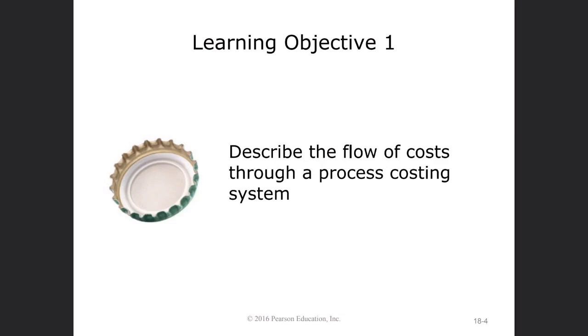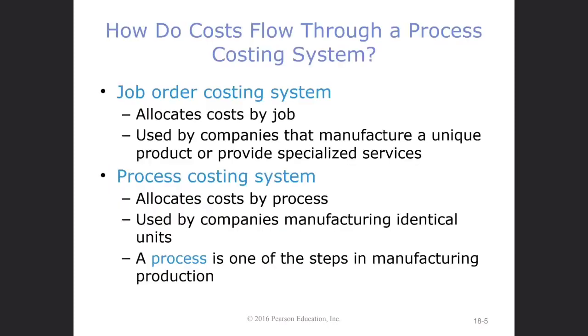First, we're going to describe the flow of cost through a process costing system. So, does anyone remember, we talked about this a little bit, what a process is? Like a factory type of thing, where we just have step by step. We talked about this last class, 2 weeks ago.